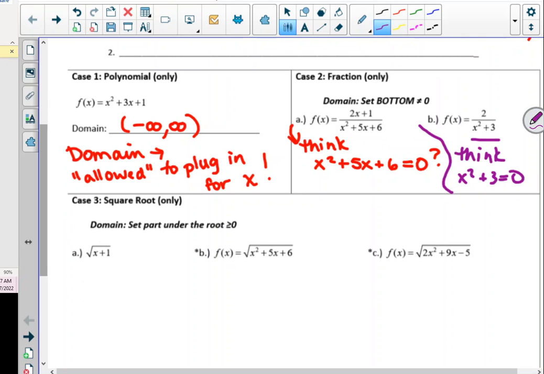If I just stop and think about that, I'm going to square something and add 3 to it and end up with 0. That only would work if I could square something and get -3.